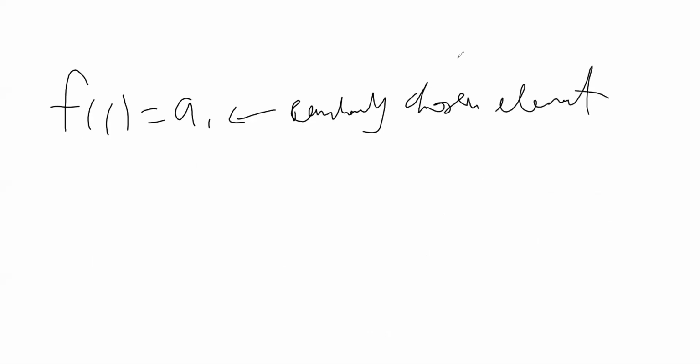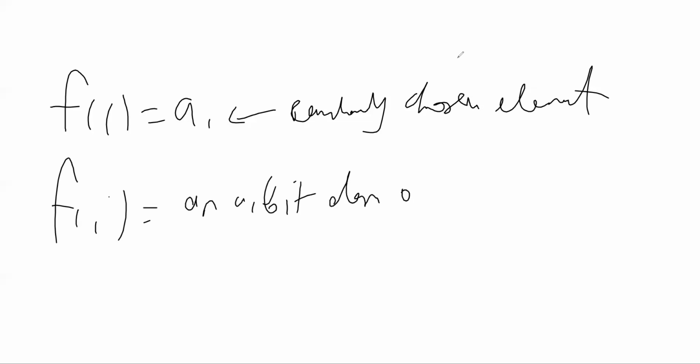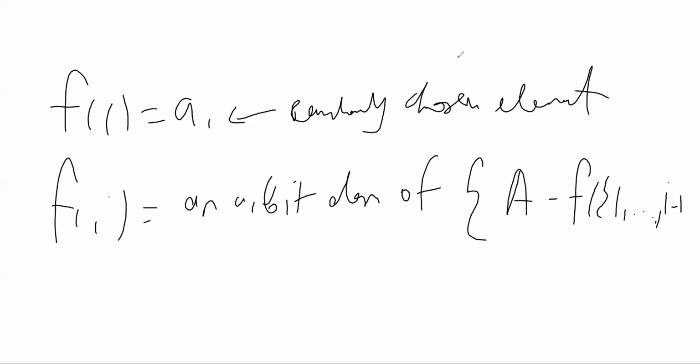And then we say fi is equal to an arbitrary element of the set A minus the set {f1, ..., f(i-1)}. So we're just taking the rest from the ones that we didn't choose before.